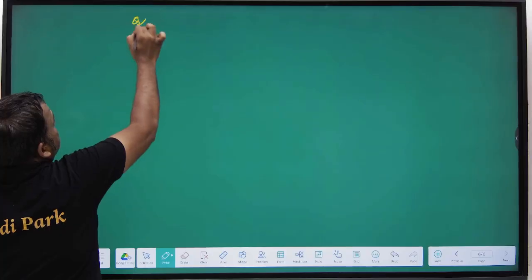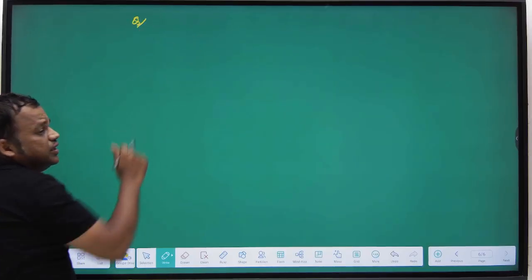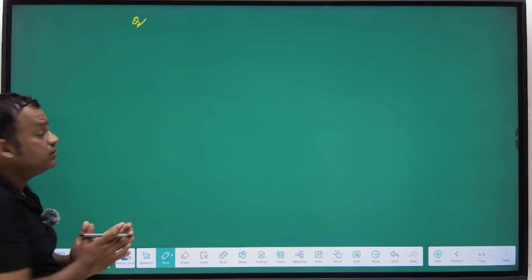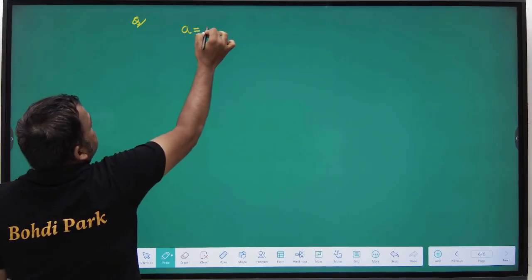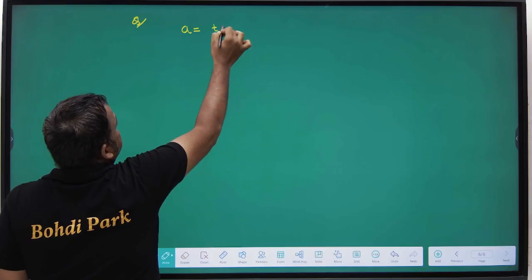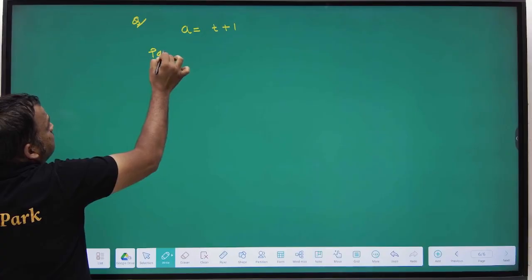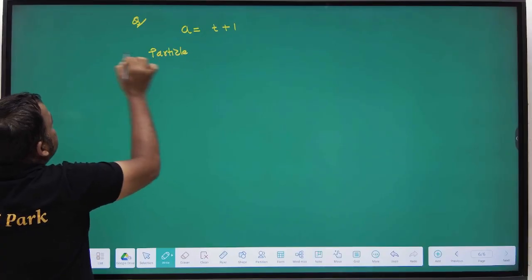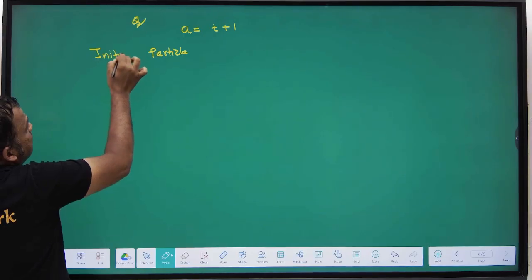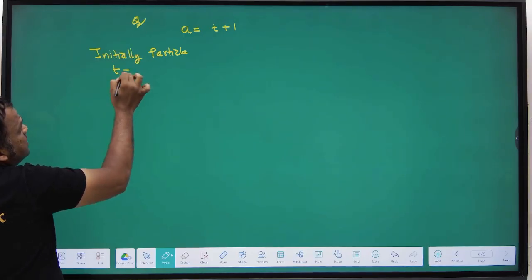Let's solve one question in which the information given will be different. Suppose a is equal to, let's suppose it is t plus 1, and initially means time is 0.